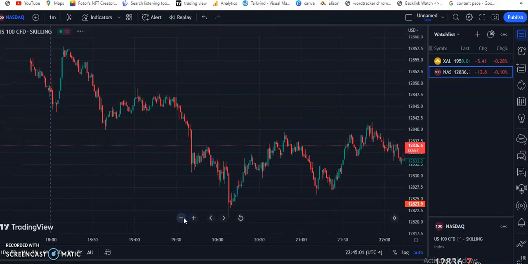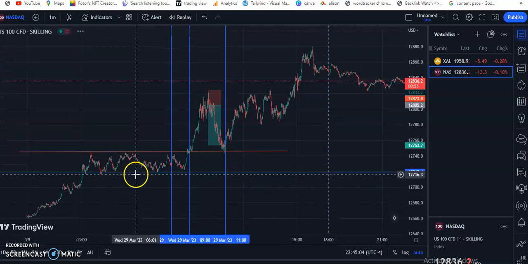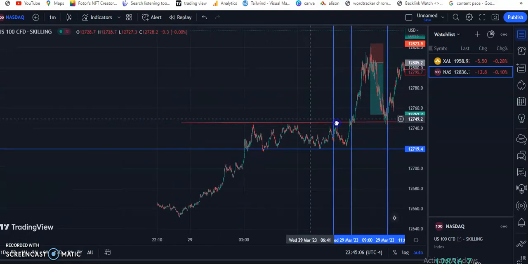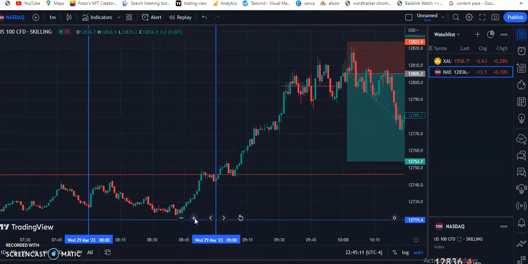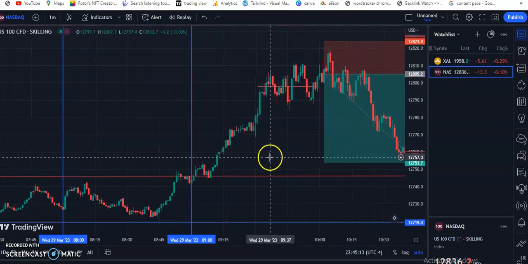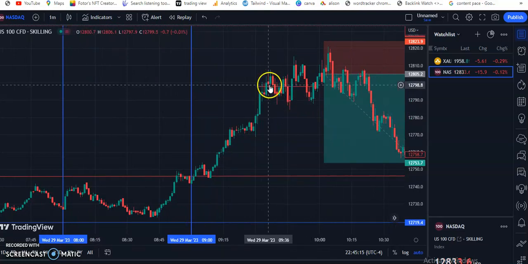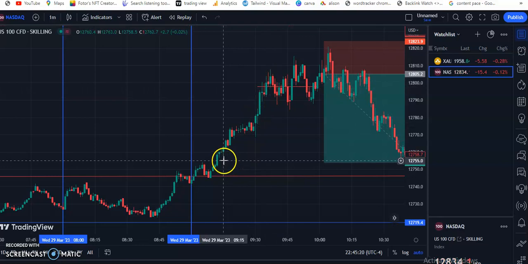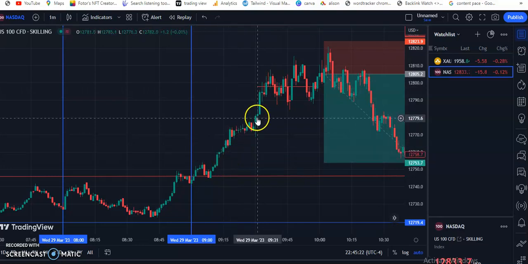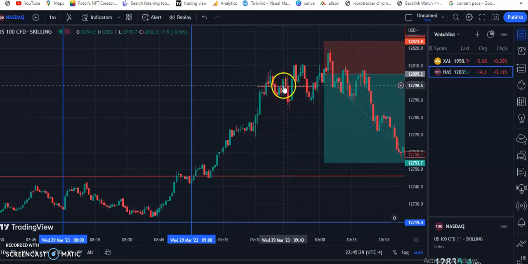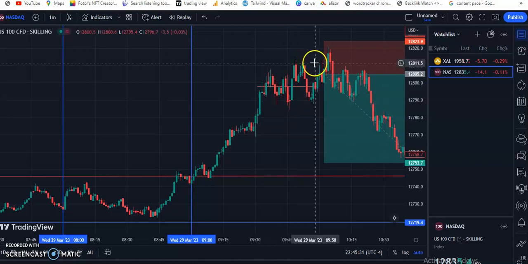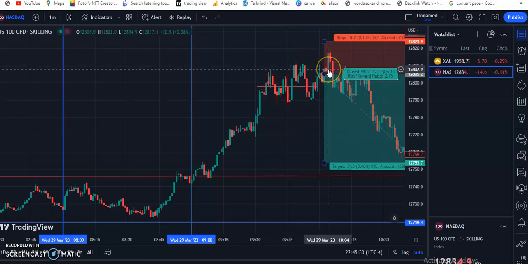Now, this was a very good setup for a nice easy 50 pips. You see, after 9:30 the market gave us a nice setup here, but failed to give us an engulfment. Then they broke above the high.